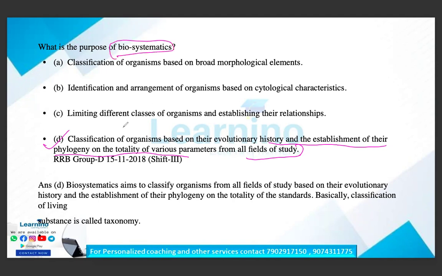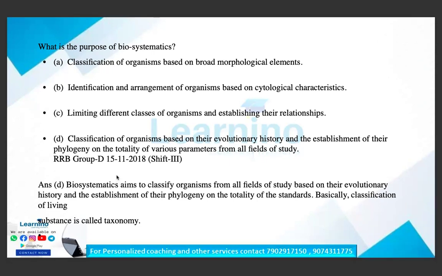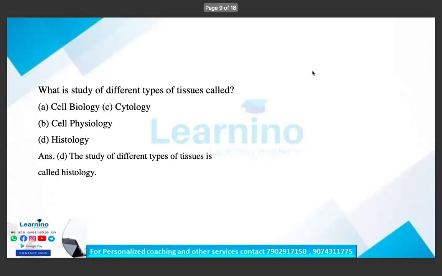Biosystematics aims to classify organisms based on their evolutionary history and the establishment of their phylogeny. Basically, classification of living organisms is called taxonomy.